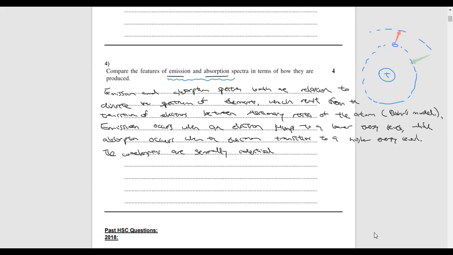Okay, so the wavelengths are identical, and this is due to the fact that the energy level differences are equal, and you can calculate it by E equals hf, which provides the frequency of the electromagnetic wave.